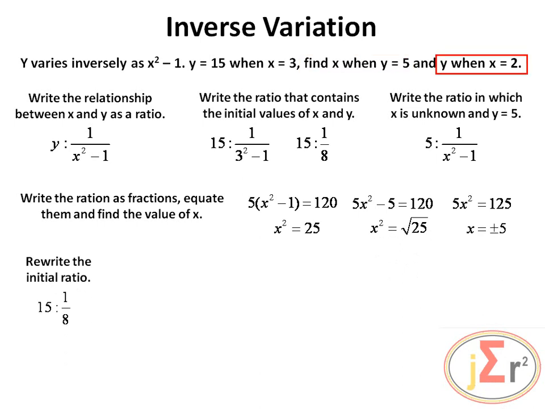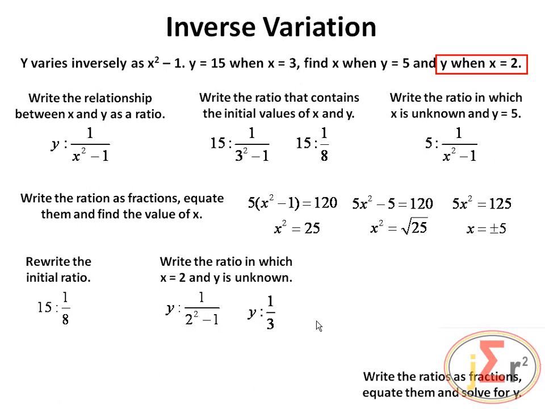And we are going to find y when x is equal to 2. So we are going to use our same 15 to 1 over 8, and we are going to use that right there also. Y to 1 over 2 squared minus 1.